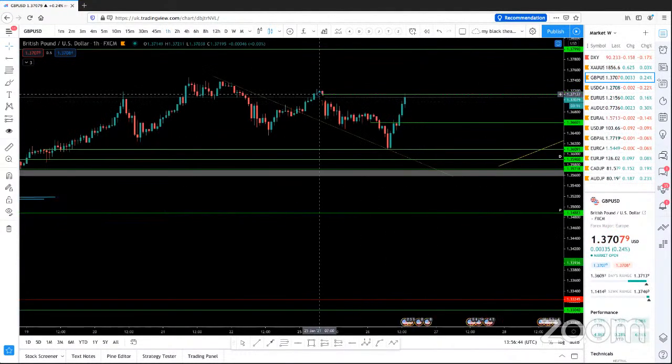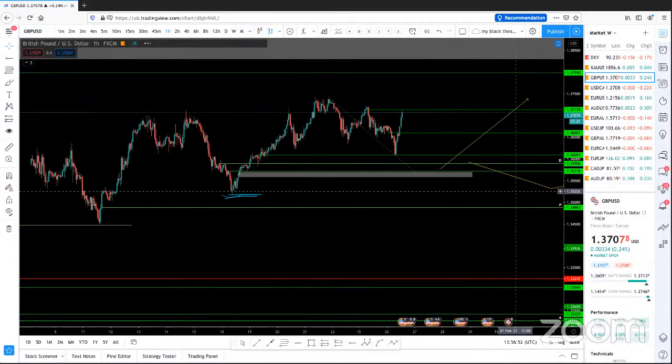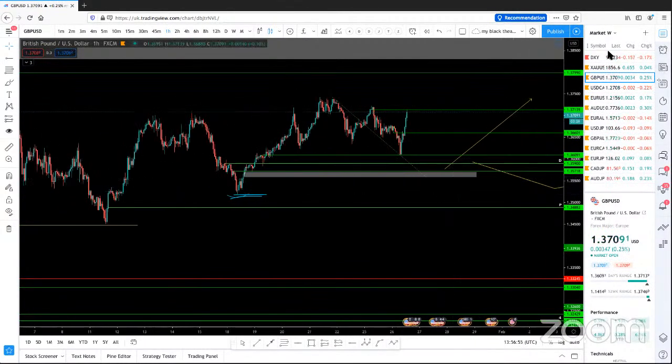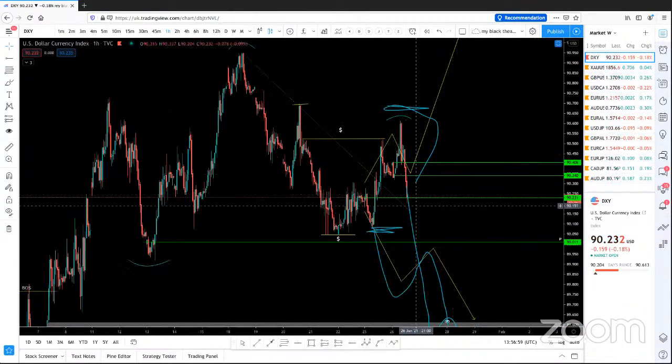So we have a beautiful reaction from this price level, right? So possibly what could happen, what I'm anticipating for now, because of GBP/USD and DXY, look at this. Okay, you see the reaction.